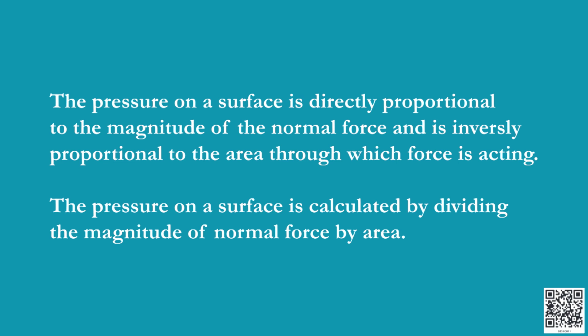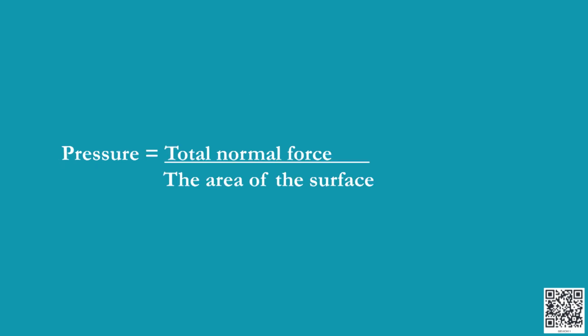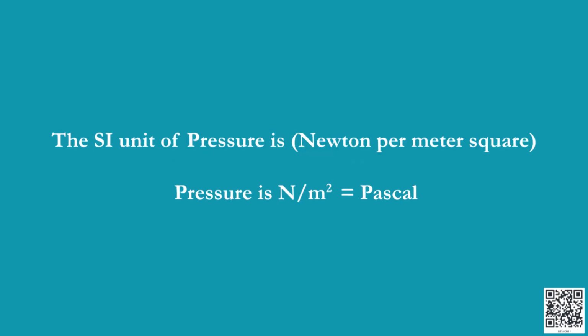The pressure on a surface is calculated by dividing the magnitude of normal force by area. Hence, pressure equals total normal force divided by the area of the surface. The SI unit of pressure is Newton per meter square, which is also called Pascal.